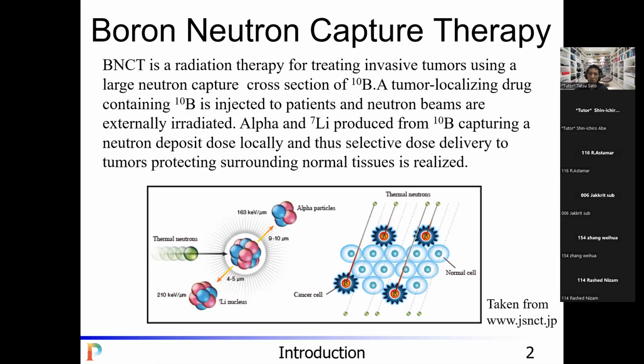So BNCT is a selective dose delivery to the tumor, protecting the surrounding normal tissues. This is the basic idea of BNCT. The range of the secondary charged particles is only 10 microns, similar to the cellular scale.